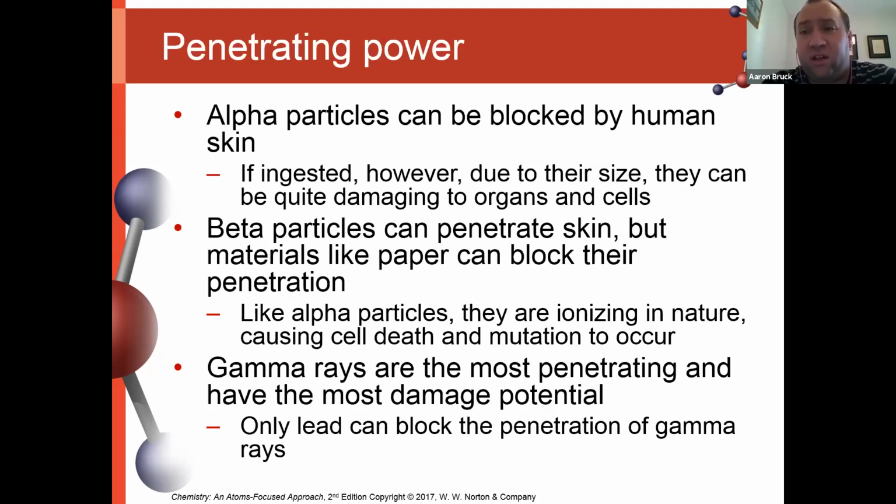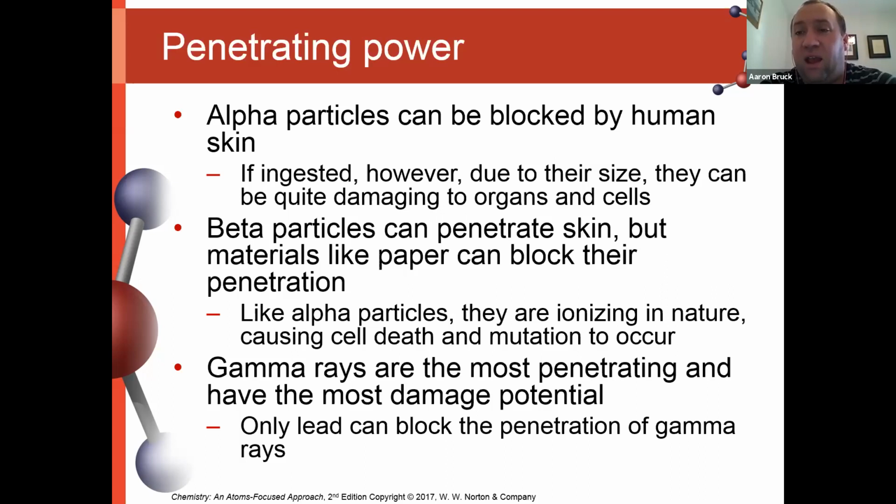In terms of penetrating power, what we mean by that is how well your body blocks these different types of radiation. For the most part, alpha particles can be blocked by your skin. And so alpha radiation doesn't pose a whole lot of threat to you unless you ingest them, unless you inhale them in some kind of way.